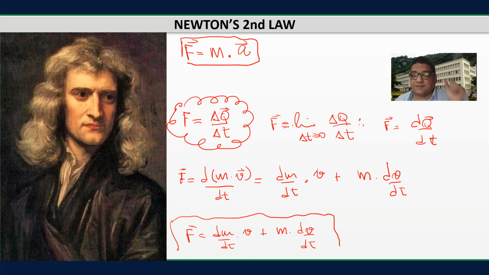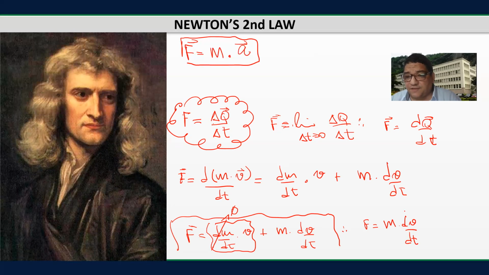In a specific situation where the mass is a constant, I don't have variation of mass. Here we have 0. So this part of the equation disappears, and we have F equals m dv/dt.